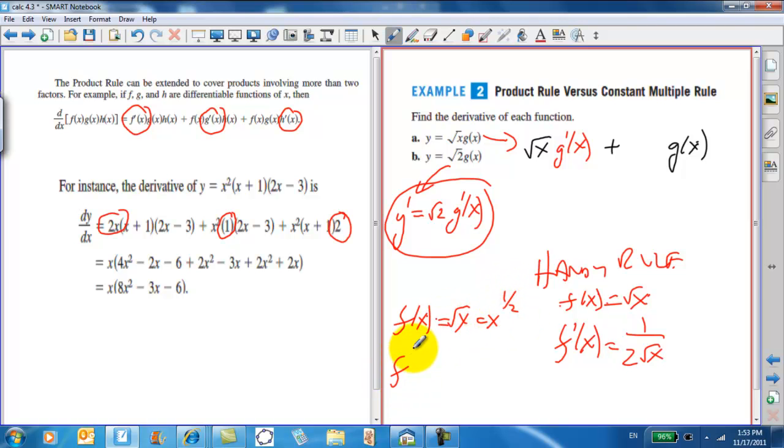And now from the power rule, that's 1/2 x to the 1/2 minus 1, or 1/2 x to the negative 1/2, or 1 over 2 x to the 1/2, or 1 over 2 root x. Kind of handy though, just to have that one memorized. You can put that in your list of things. And so 1 over 2 square root of x for that. There we go. I think you really can't simplify that anymore.